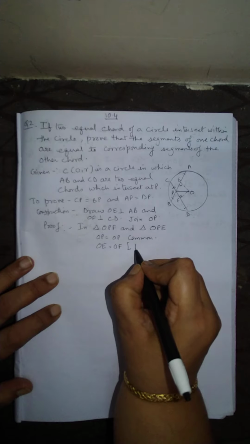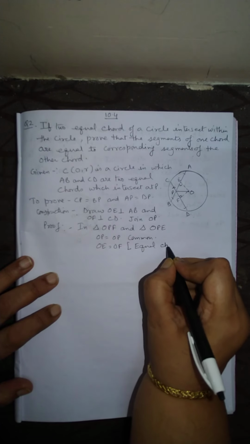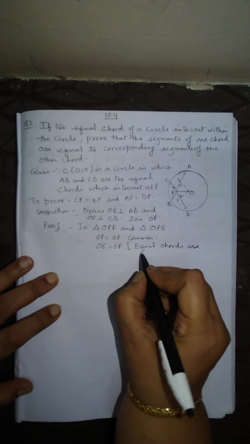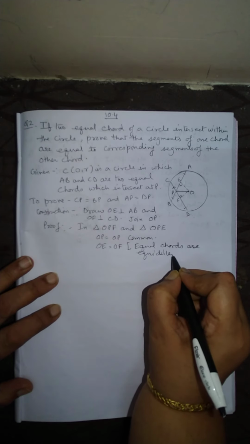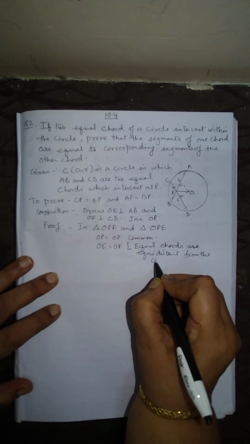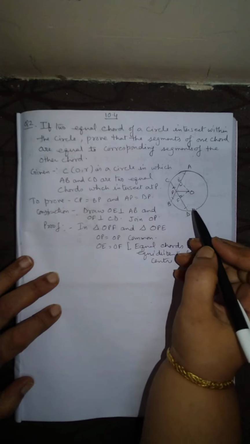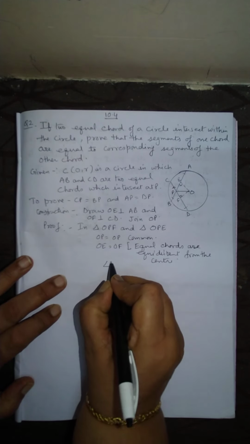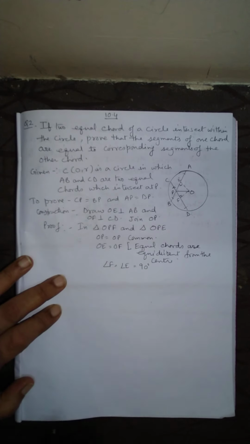Equal chords are equidistant from the center. And angle E equals angle F, 90 degree.